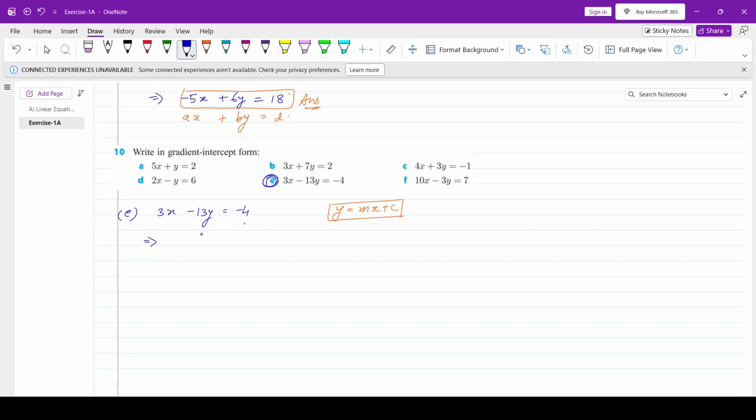Can we say we need y on one side and everything else on the other side? Yeah. So leaving y on this side, now dividing both sides by minus 13, and further solving this equation, we get minus 4 divided by minus 13 plus minus 3x divided by minus 13.